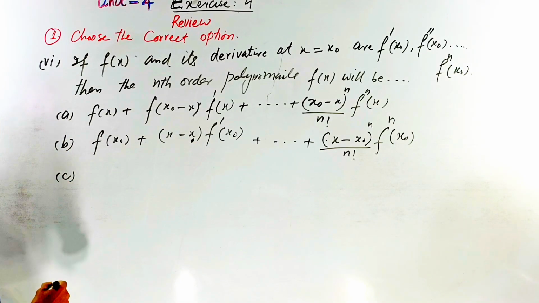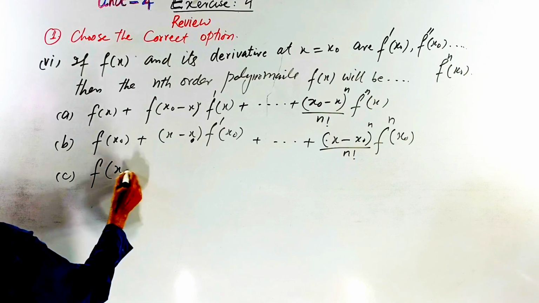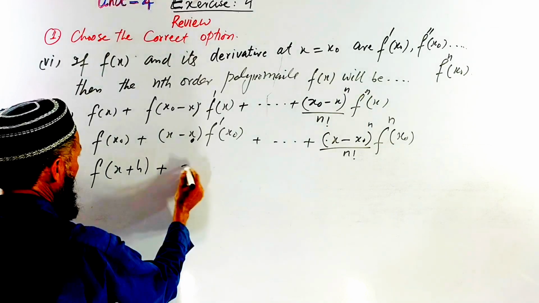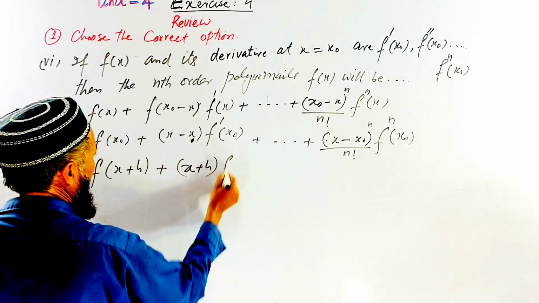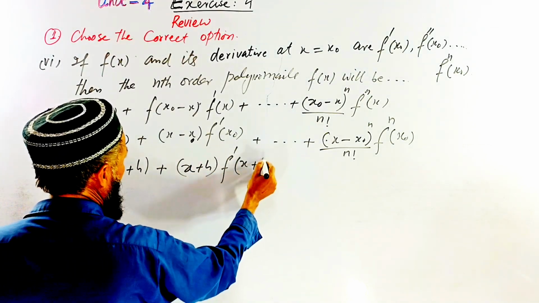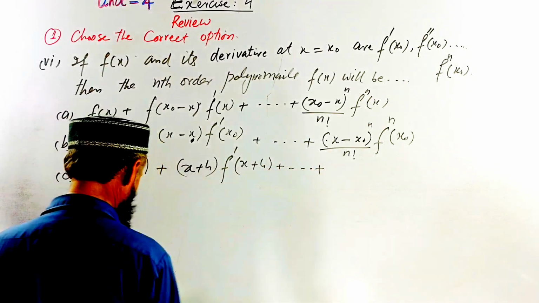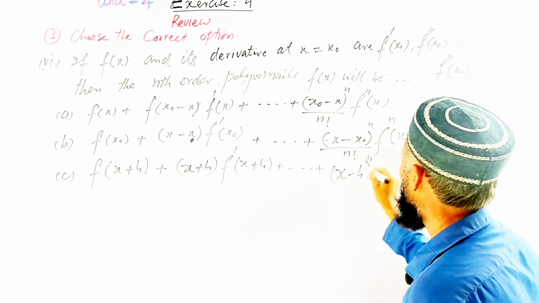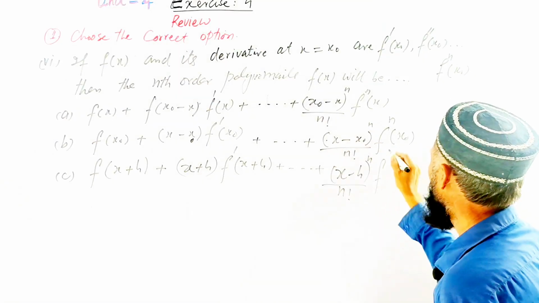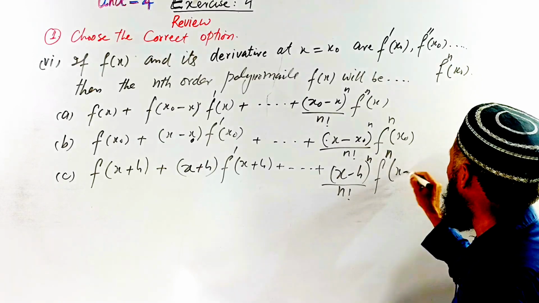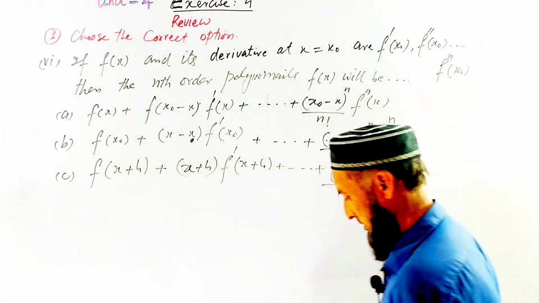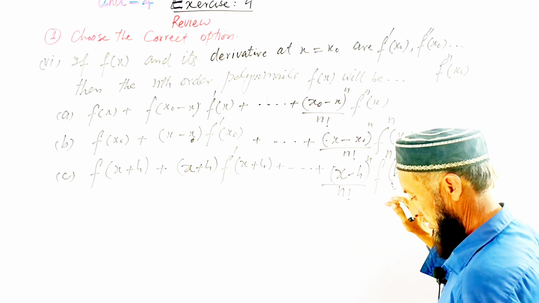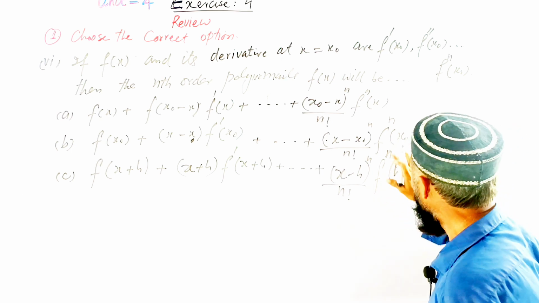And option C is f of x plus h plus x plus h f dash x minus h, all power n factorial f^n x plus h f dash h f dash h.